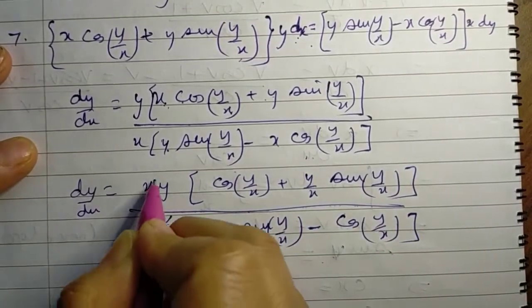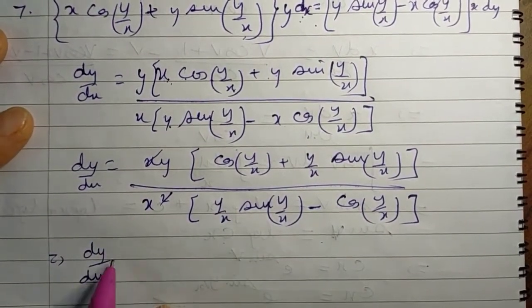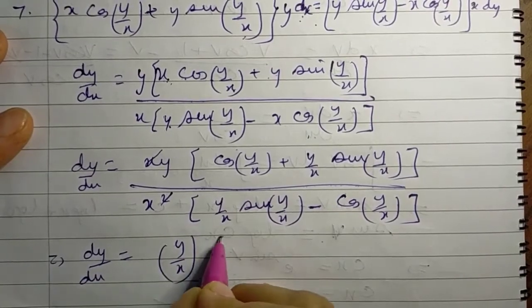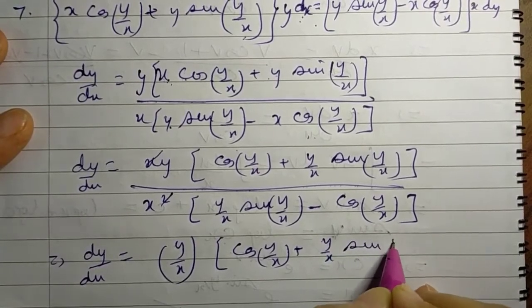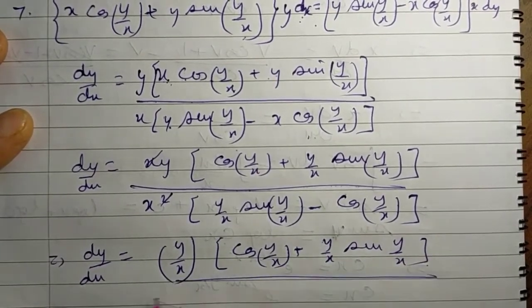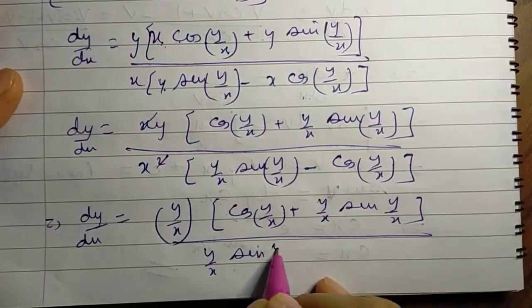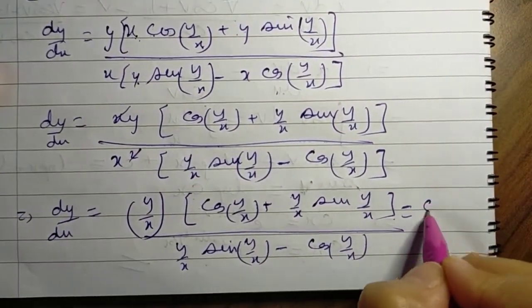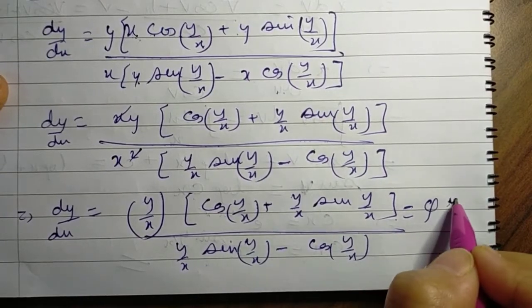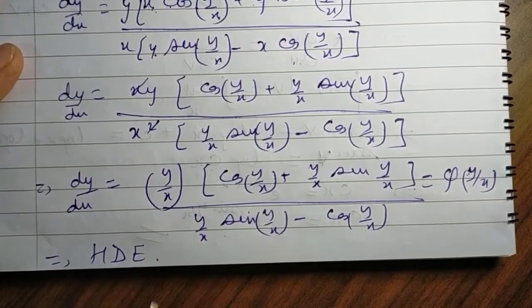One x gets cancelled, and so I get dy by dx is equal to y by x times cos y by x plus y by x times sin y by x, whole upon y by x times sin y by x minus cos y by x, which we can see is purely a function of y by x, and this gives us that this is a homogeneous differential equation.